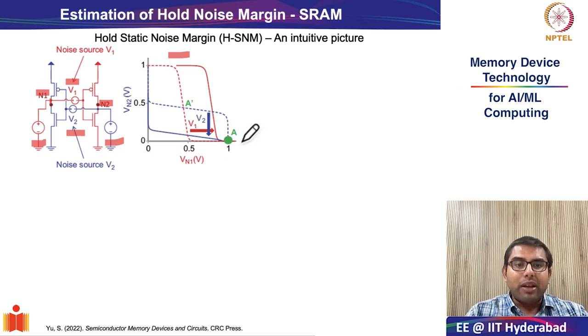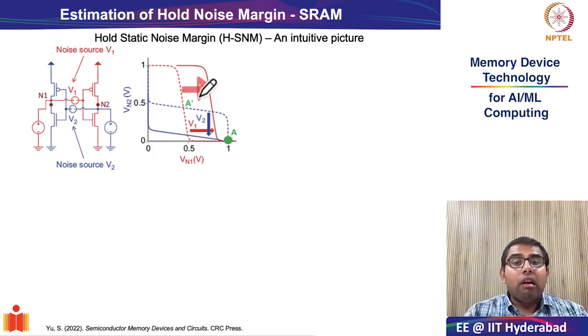You see you had this very beautiful balanced inverter. However, when you start applying a constant DC source on the internal nodes of the SRAM cell, the characteristics start shifting, from the dotted lines to the solid lines that I am indicating here.